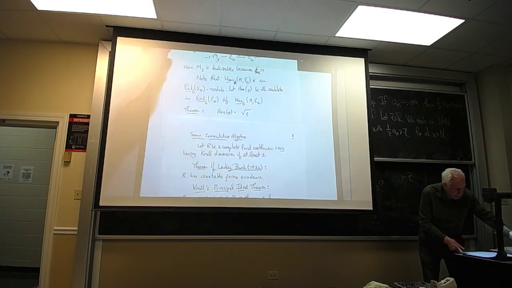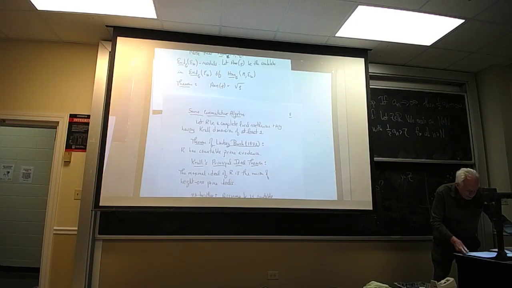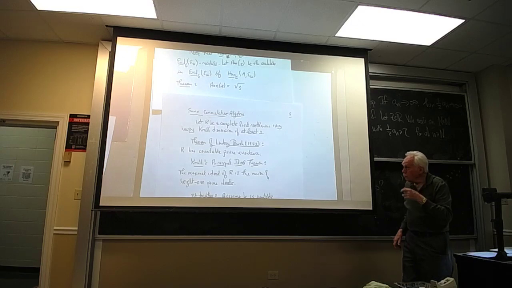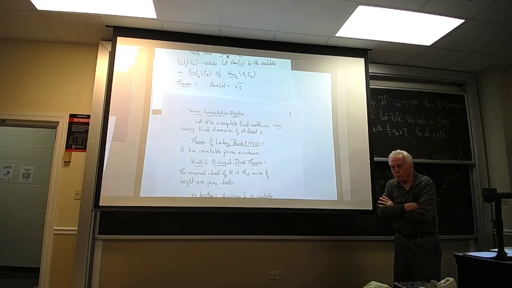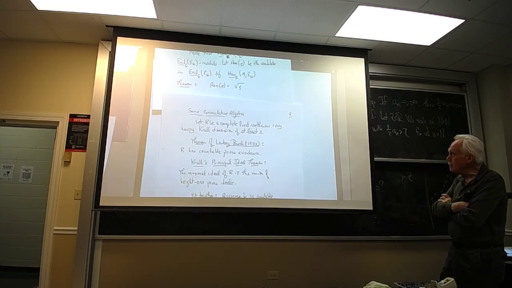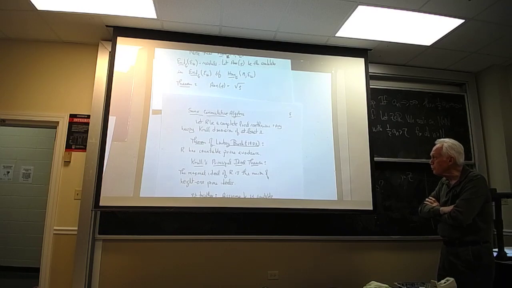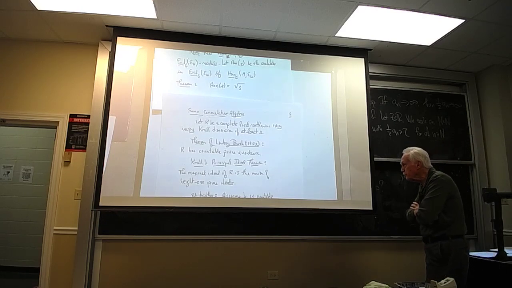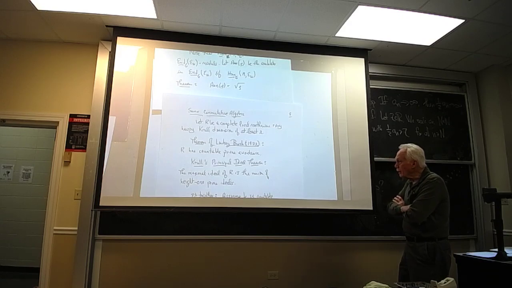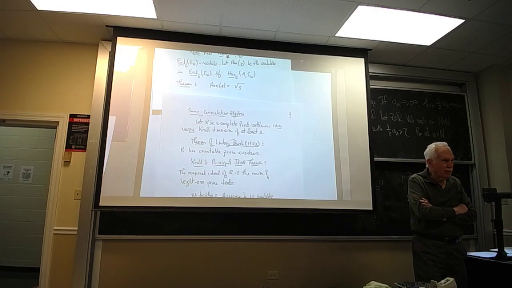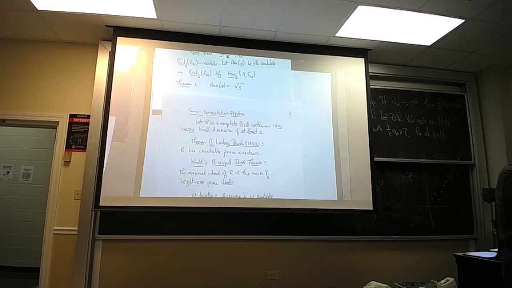Now, we also want Krull's principal ideal theorem, and it's the same hypothesis: R is a complete local ring, Krull dimension at least 2. It says the maximal ideal of R is the union of the height 1 primes. Height 1 means sort of minimal prime.